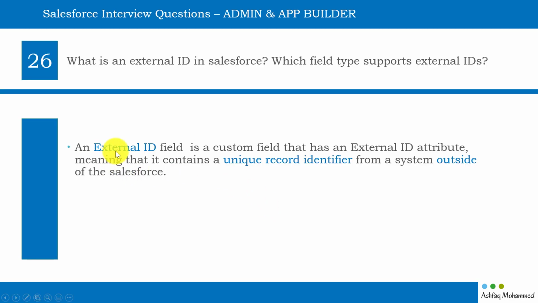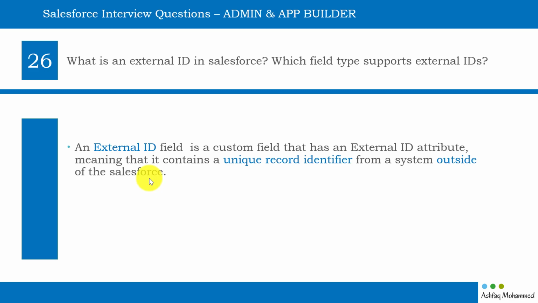Okay. So an external ID field is a custom field that has an external ID attribute. There is an option to select that it's an external ID, and then automatically it becomes an external ID field. Meaning that it contains a unique record identifier from a system outside Salesforce. See, we have Salesforce IDs, right? Which are automatically generated by Salesforce.